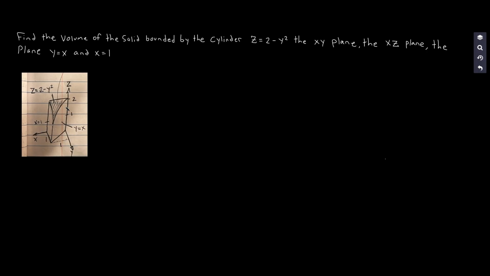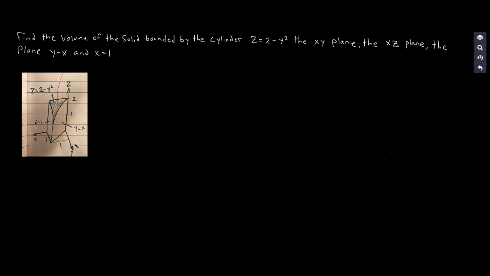And it's bounded by the xy plane, which is what we see down here, and the xz plane, which is from here to here. It's also bounded by the plane y equals x and x equals 1, which we can see right here.